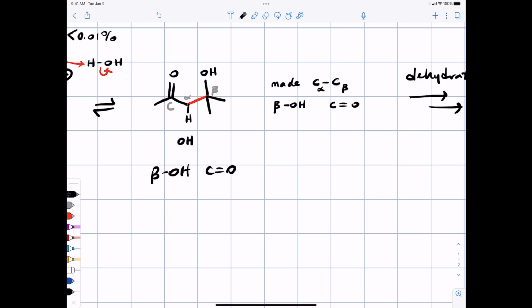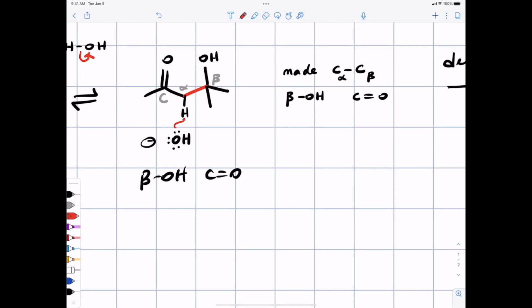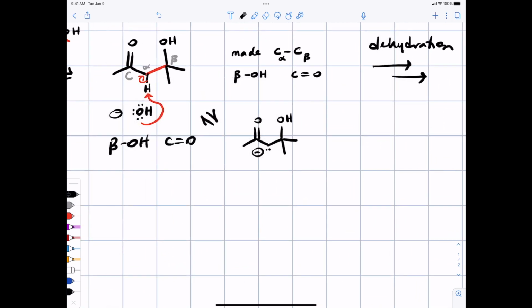Nevertheless, there's good evidence that first, the OH group removes the proton on the alpha carbon to get to another enolate intermediate, and that's a resonance stabilized enolate.